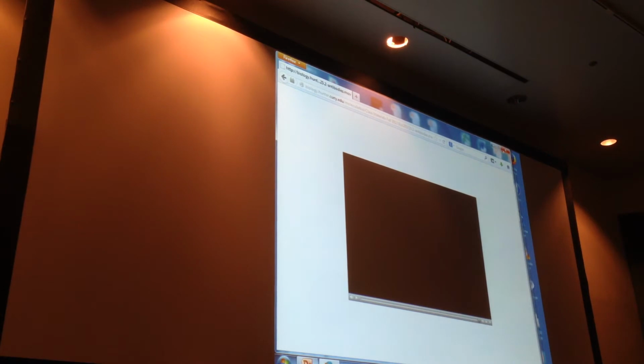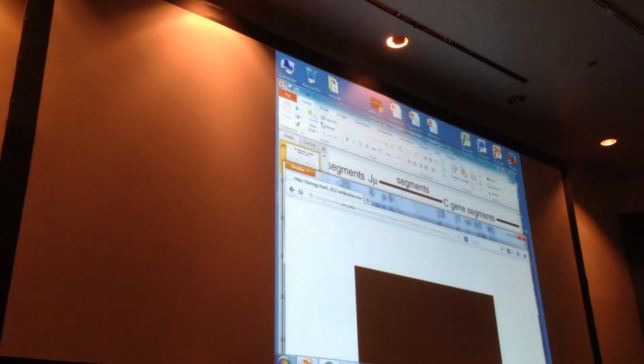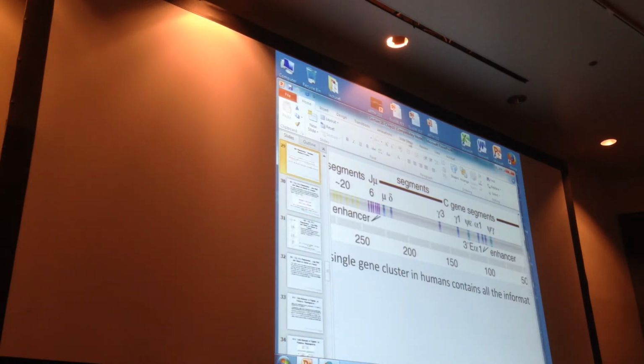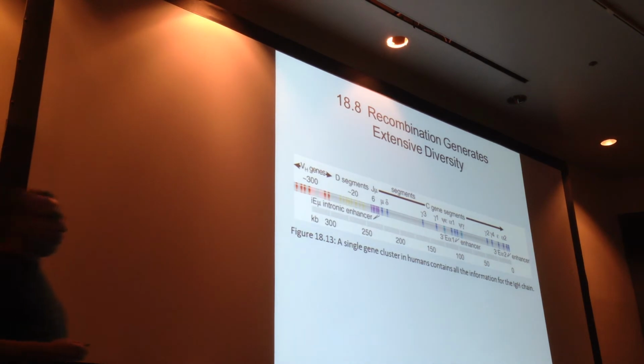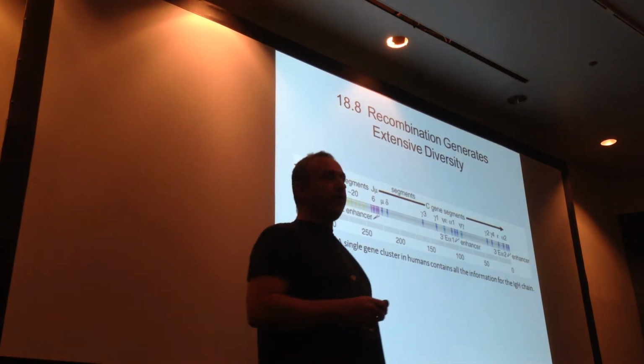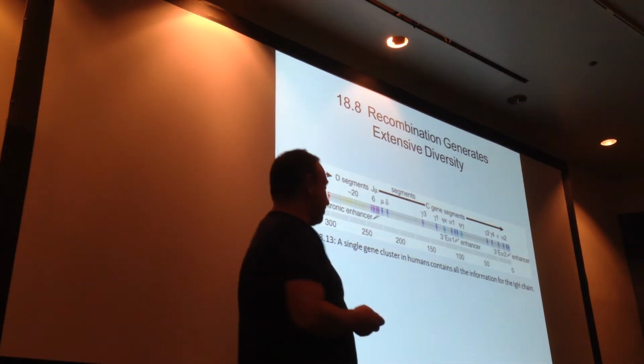Okay, so the heavy chain gene, which is really the important one. The light chain just follows everything the heavy chain does.